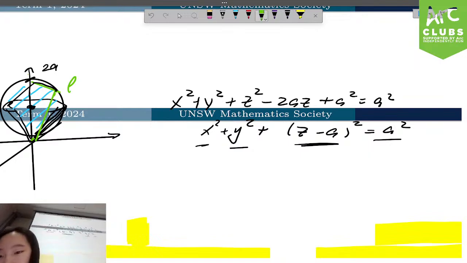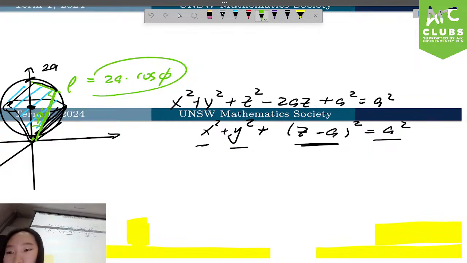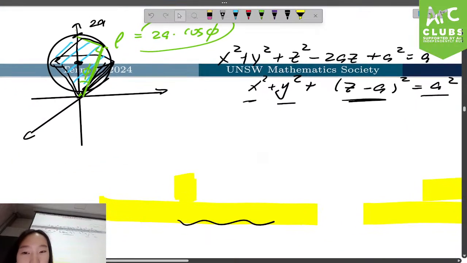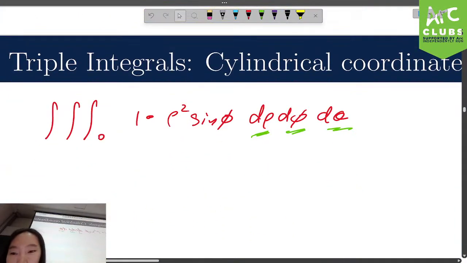So our upper bound for rho is equal to 2a times cosine phi. This is our phi angle, okay? Because this is a right angle, rho will just be 2a times cosine phi.